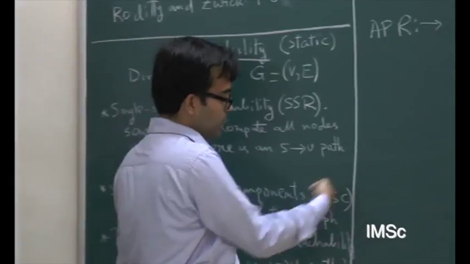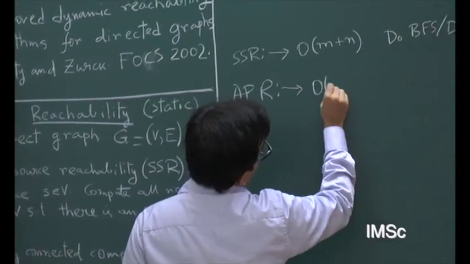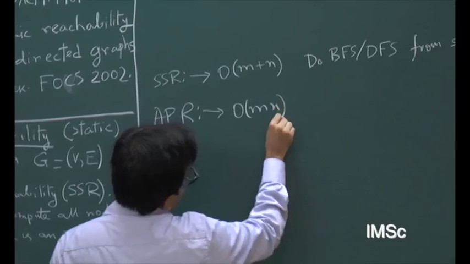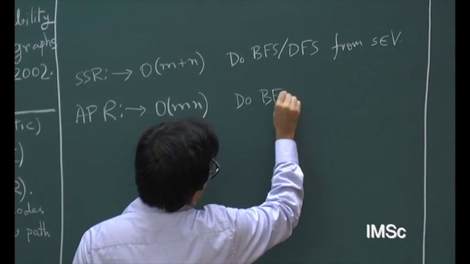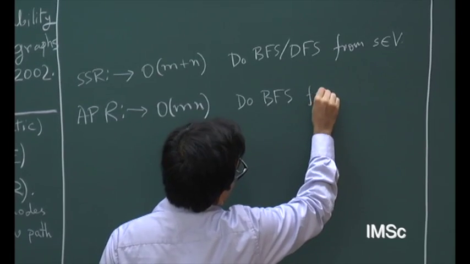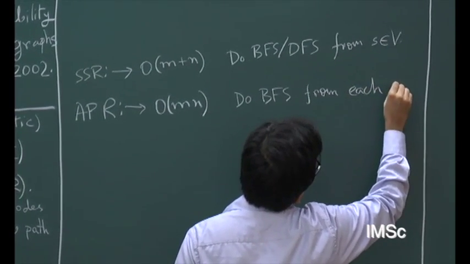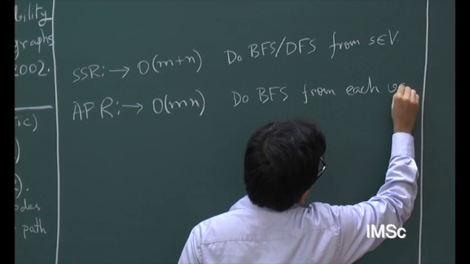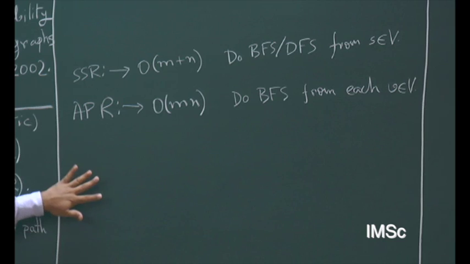Do a BFS from each of these nodes as a source. And these are currently the best known running times.